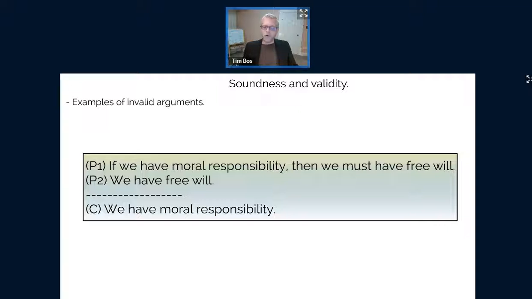Now, for a lot of these argument formats, you'll begin to recognize them, and I'm going to name them for you so you can simply recognize them. And then later on, you'll actually be able to do the work to show, to prove that they're invalid. Right now, I'm just telling you, right? You'll be able to see for yourself that no argument in this format is valid. It never works. It's always an invalid argument where you cannot trust that the conclusion is true based on the argument itself.